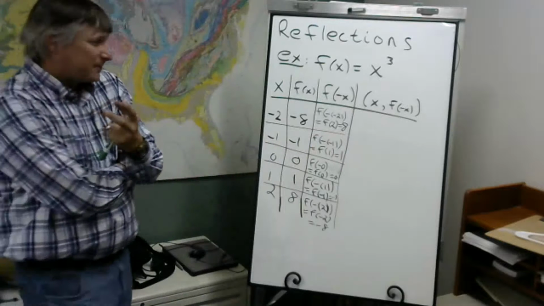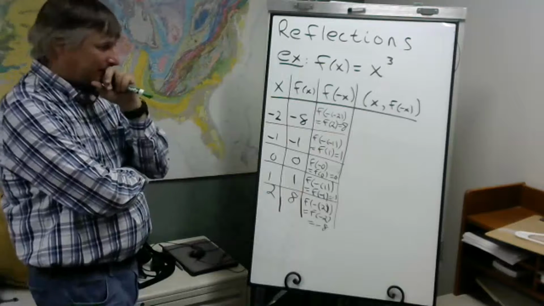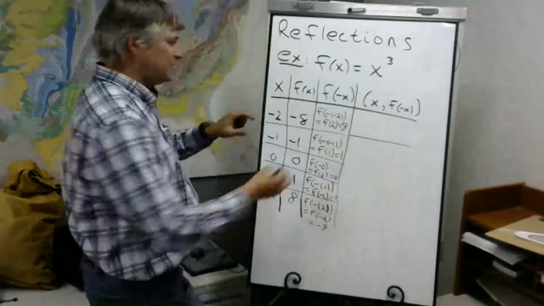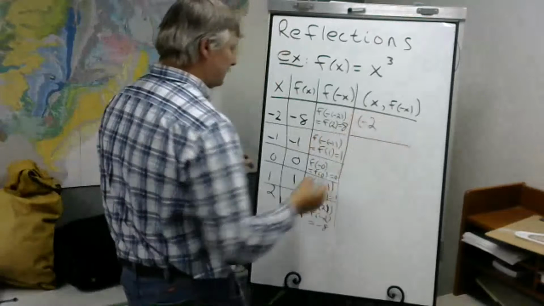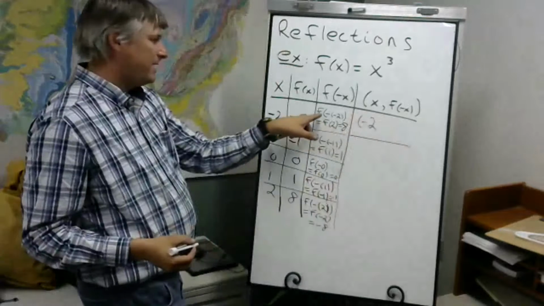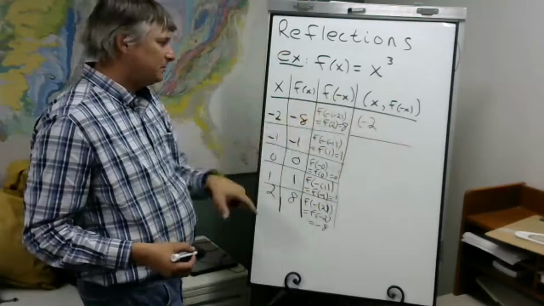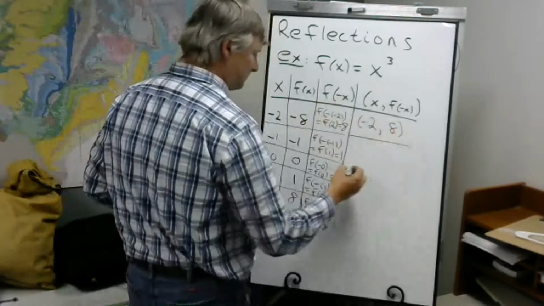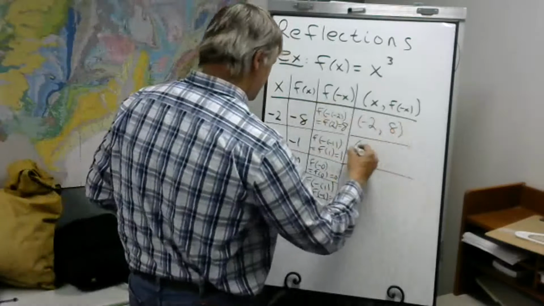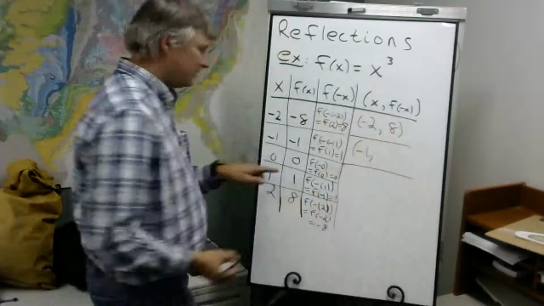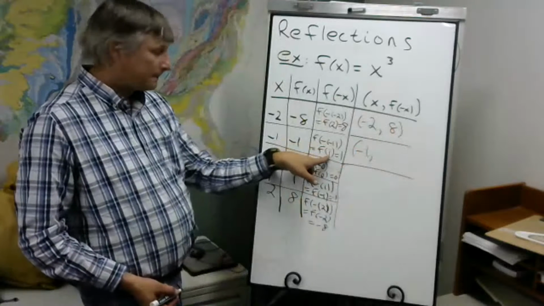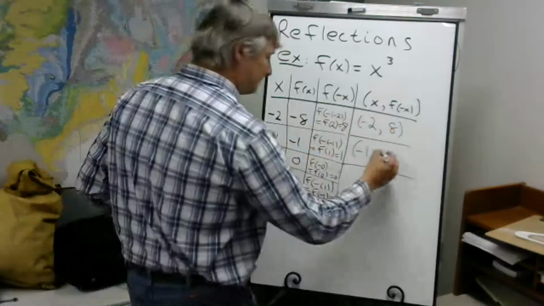Let me clean this up for you. I think it's a little hard to see on camera. So what's happening here, x is negative 2. And then when we do f of negative 2, we get an output of 8. For this one, x is negative 1. So f of negative minus 1 becomes f of 1, which is equal to 1.